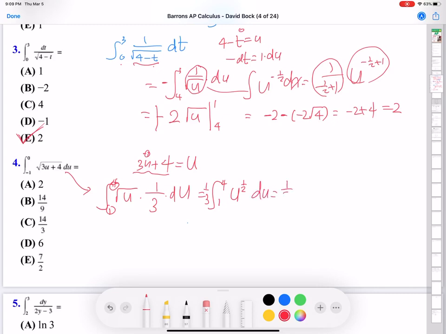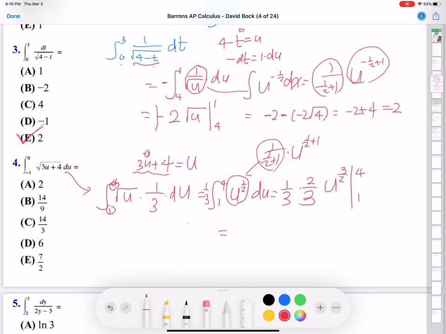So 1/3 is still there, and we find the integral of U to the 1/2 power. Use the power rule, 1 over n plus 1 times U to the n plus 1. So it's 2 over 3. This part 2 over 3, and then U to the 3 over 2 power from 1 to 4.